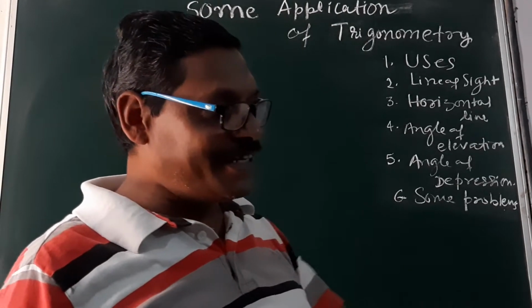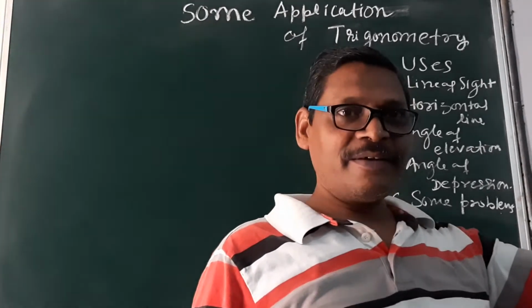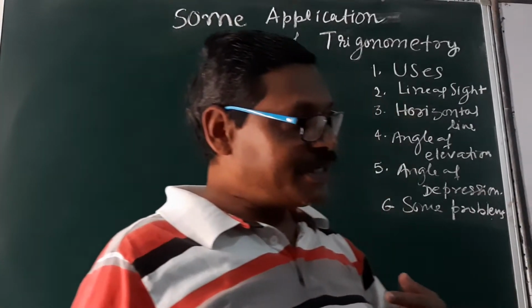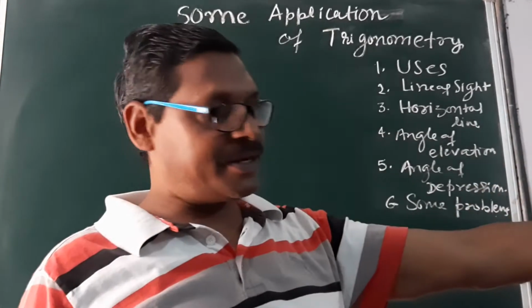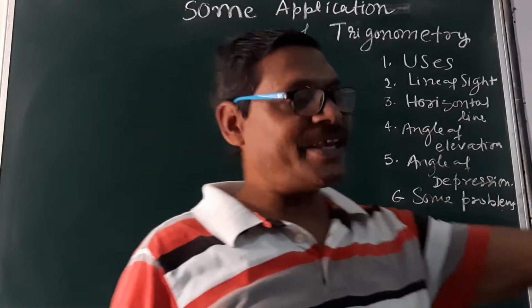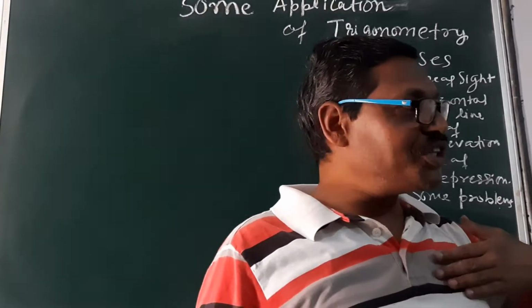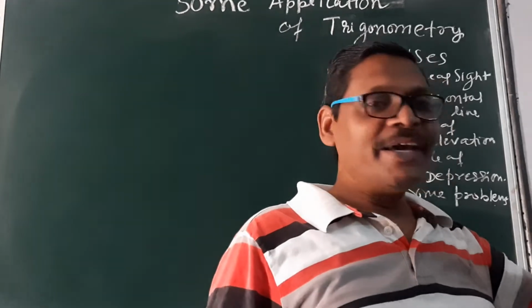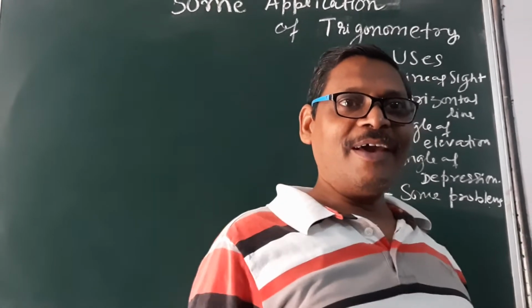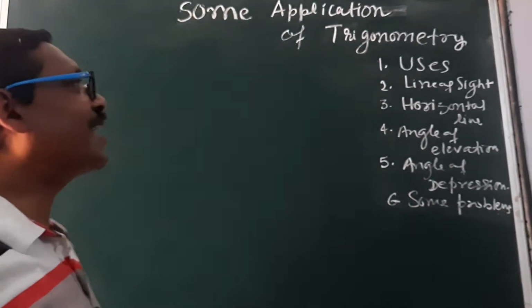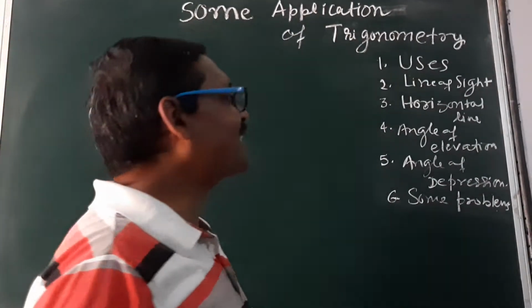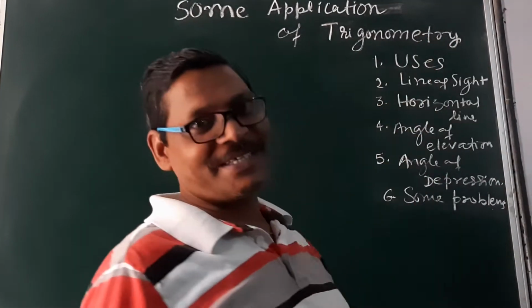You can find the width of a river, and the distance of an object from the observer without going there. Without crossing the river, you can find its width. And several such problems can be solved with the help of trigonometry. These are all uses of trigonometry.